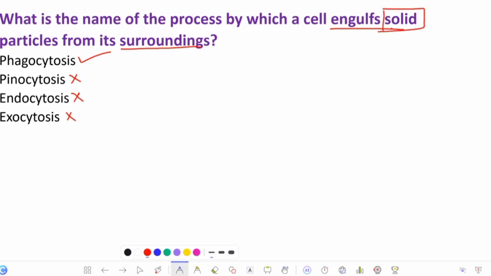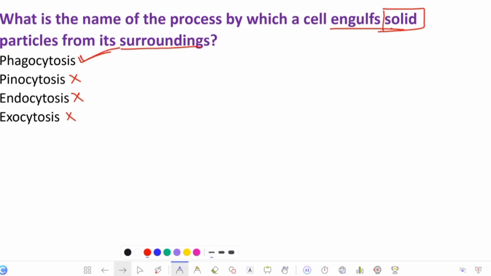So taking in solid materials is phagocytosis, while taking in liquid material is called pinocytosis, and both processes are called endocytosis. That's why the correct option is phagocytosis.